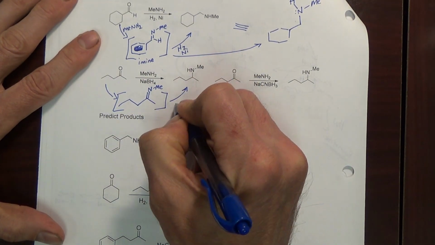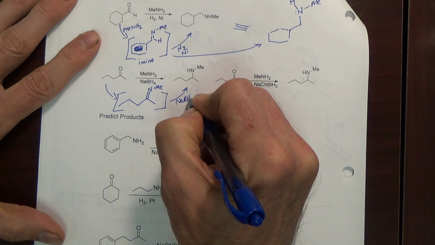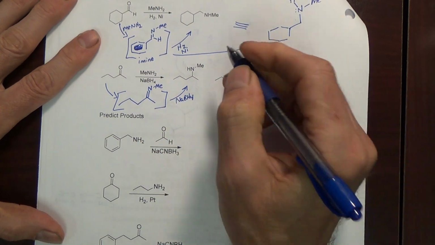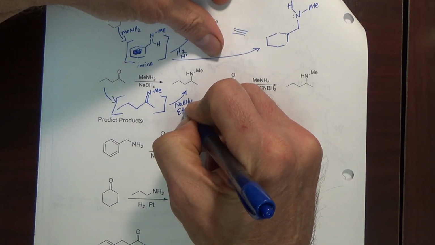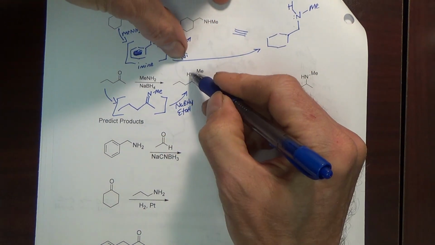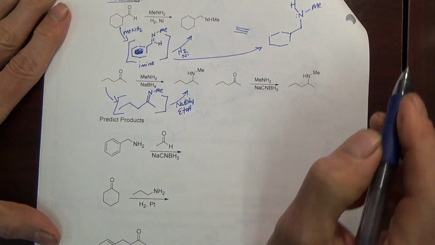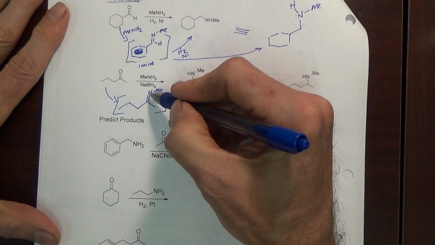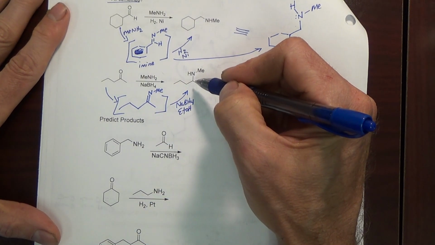And then the sodium borohydride, and let's show some ethanol because we need a proton source to put the proton on, would reduce the double bond to give the amine.